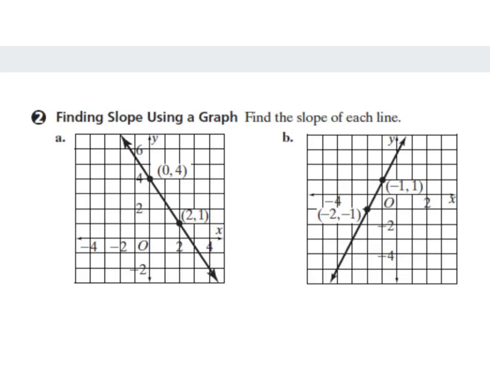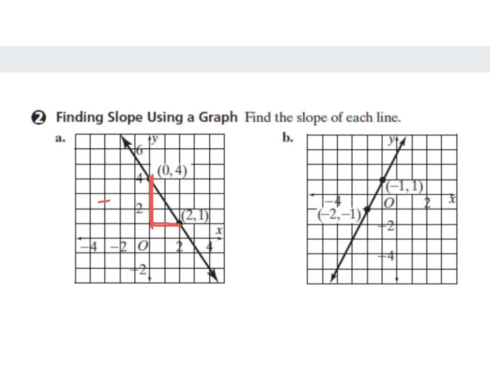Here's our slope. So we're going to find the slope of our line. And again, slope is the change in y by the change in x. If we look at our first graph here, I'm going to use a red pen. Our change here is we're not going up, we're actually going down. So remember, our vertical change divided by our horizontal change. In this case, we are going from 4 to 1.